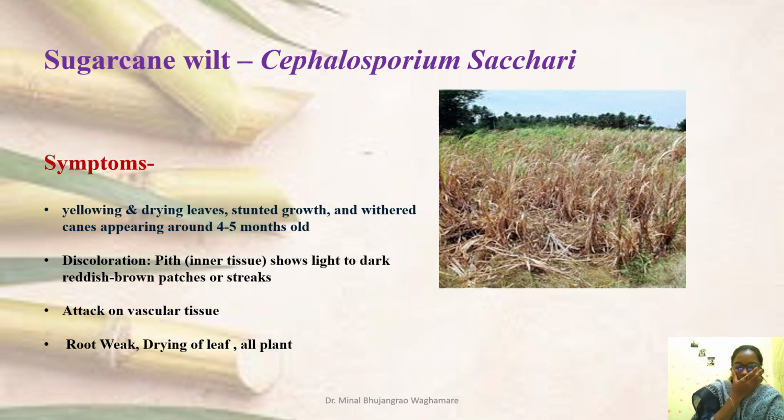Coming to the next and one of the important diseases, that is sugarcane wilt. Causal organism is Cephalosporium sacchari. Basically the sugarcane wilted crop shows a wilting appearance. It leads to yellowing and drying of leaves, and in this wilt we basically see an attack on the vascular tissue. Vascular tissue is made up of xylem and phloem.